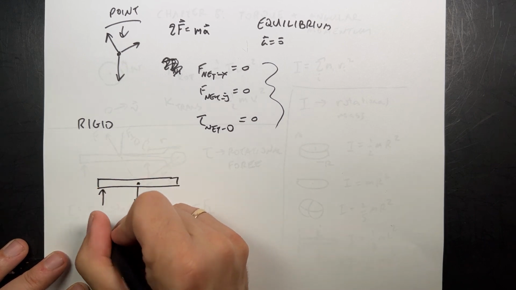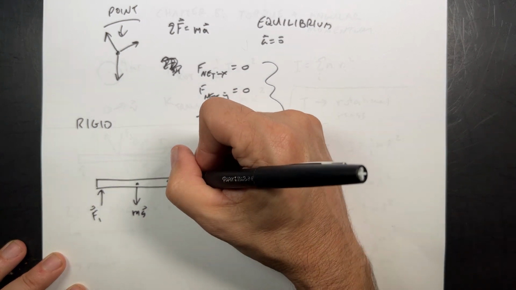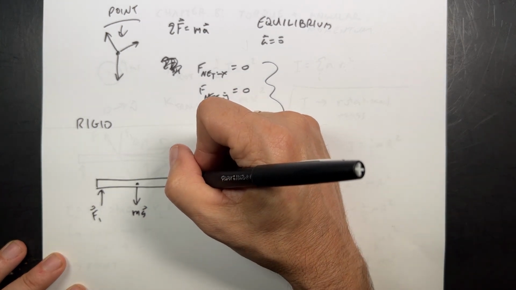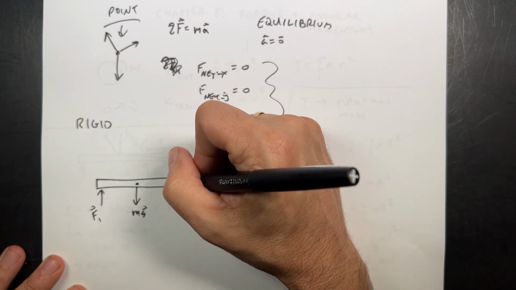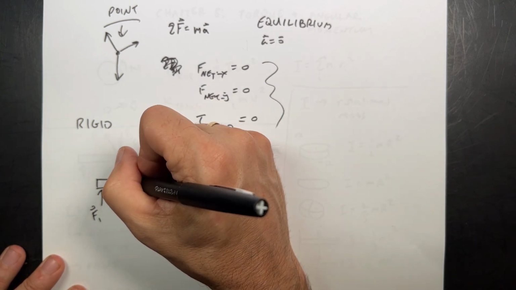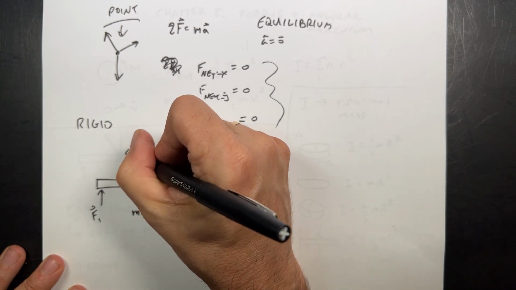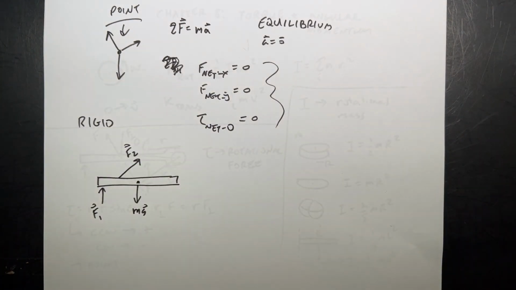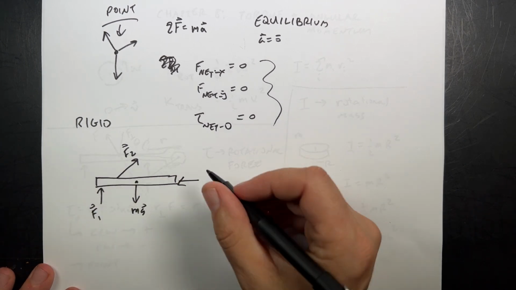Suppose I push up with some force F1 right there, and then I push right here with F2, just to make it fun. And then I'm going to also push with a force over here, F3.